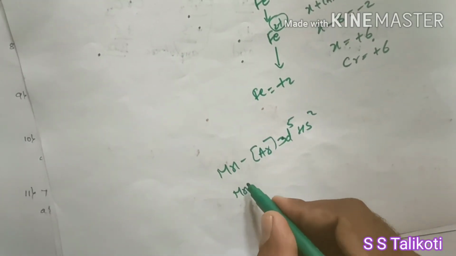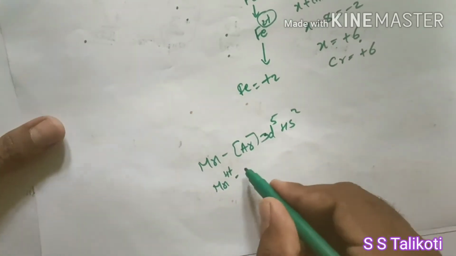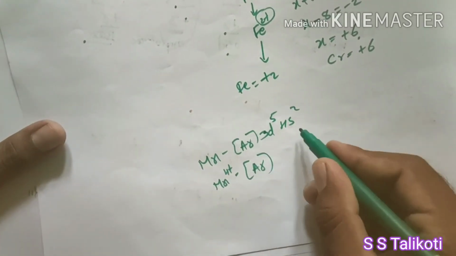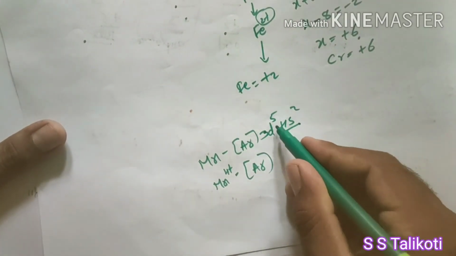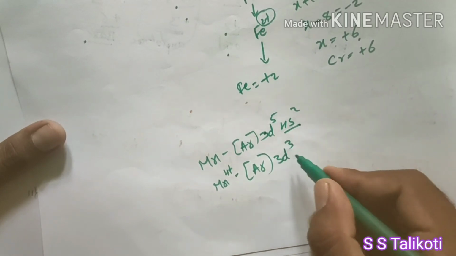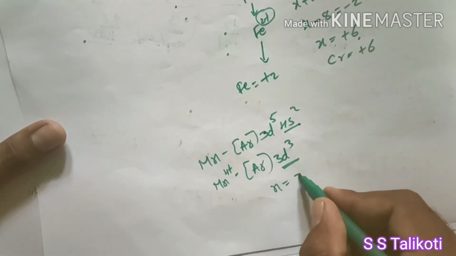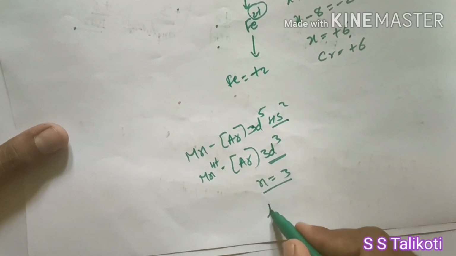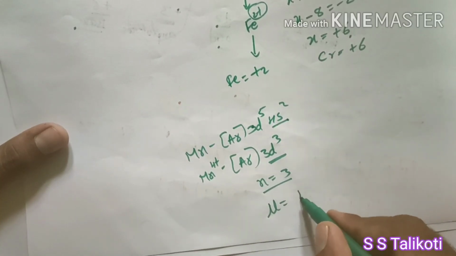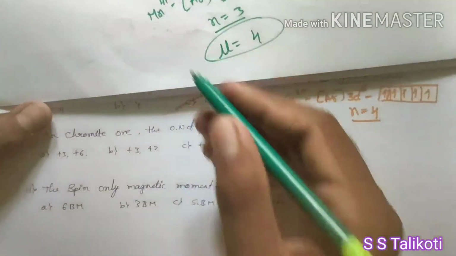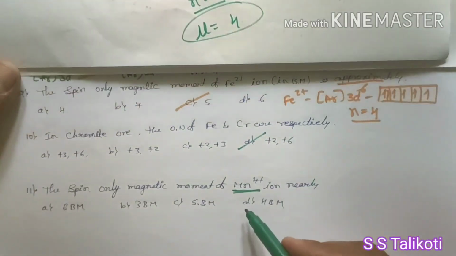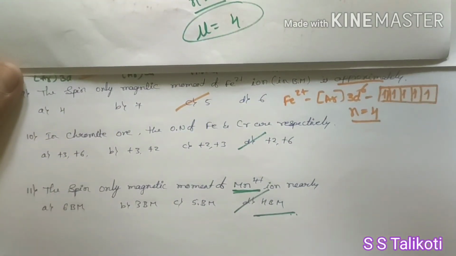Removal of 4 electrons gives Mn4+. Therefore argon, remove these 2 electrons, next remove from 3d, so 3d3. The number of unpaired electrons n equal to 3. If n equal to 3, the magnetic moment is nearly equal to 4 Bohr magneton.